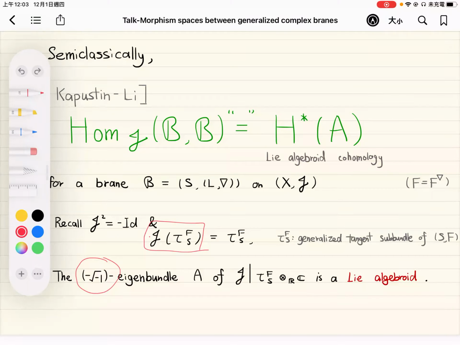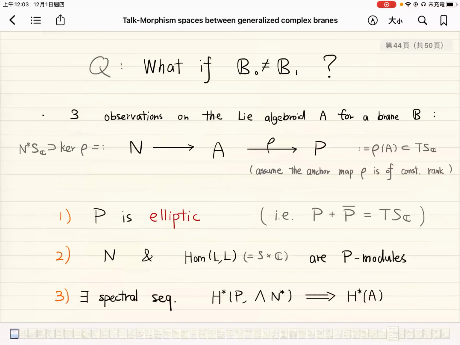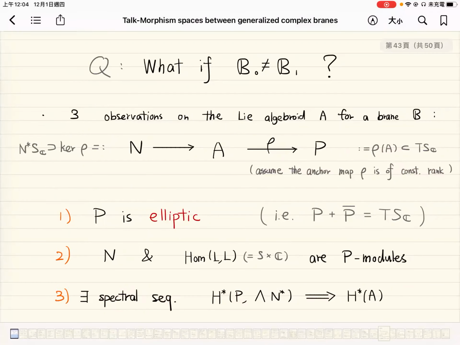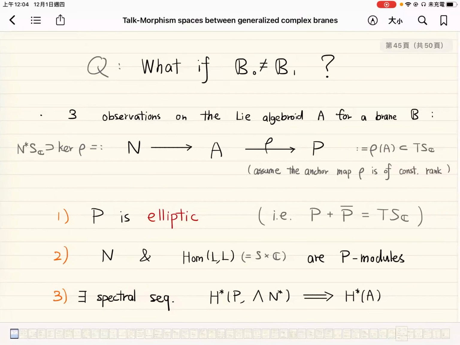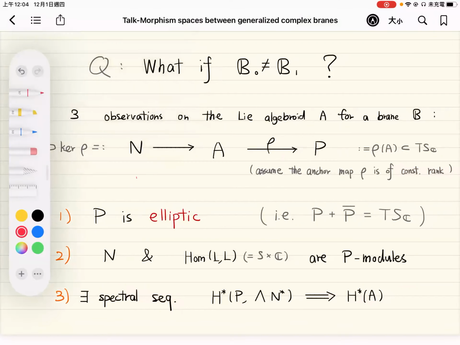So what if we have two non-identical branes? First of all, I'd like to say that there are 3 observations for the original case where we have a Lie algebra A. We also have the anchor map rho, so that the image of A is called the capital P, and it is a complex distribution on the submanifold S. For simplicity, we assume the anchor map is of constant rank.